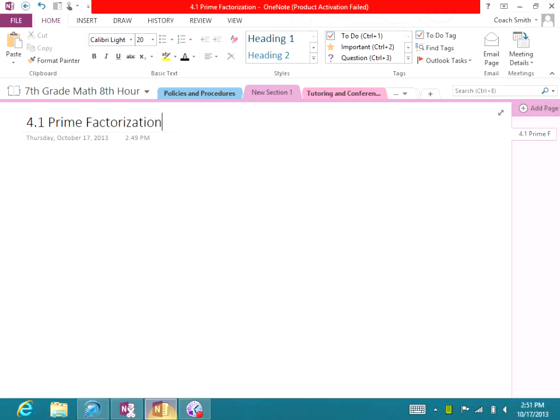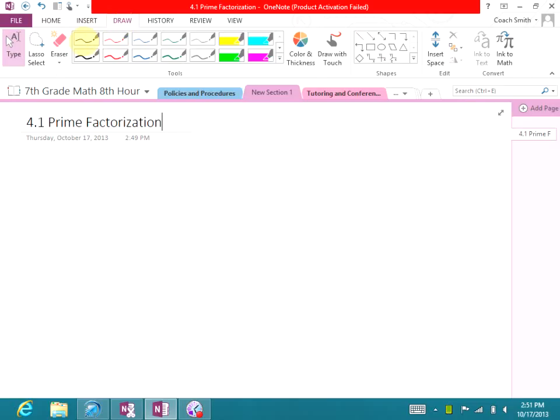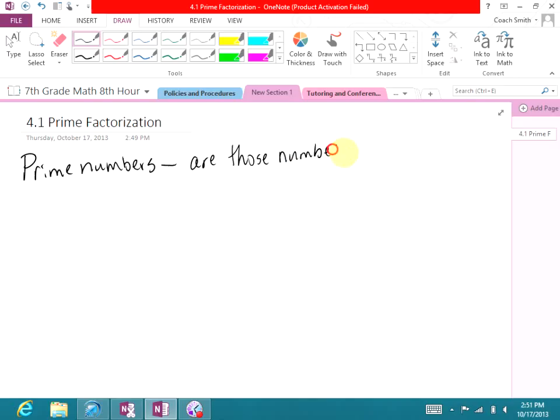All right, 4.1 is prime factorization. Okay, now, first of all, we need to review what prime numbers are. Prime numbers are those numbers that have only two factors.